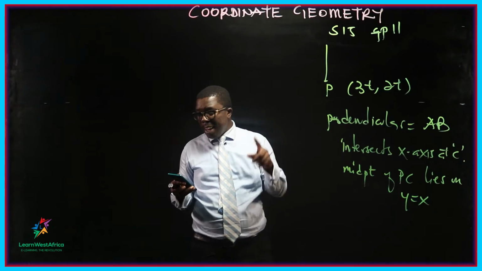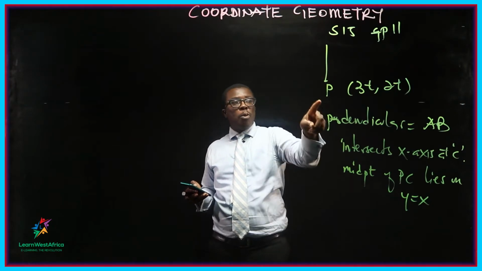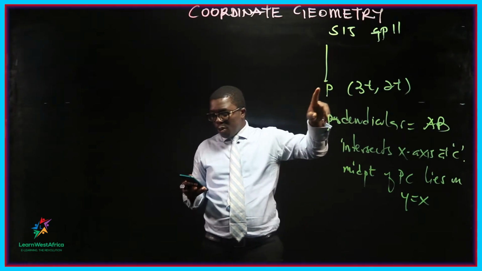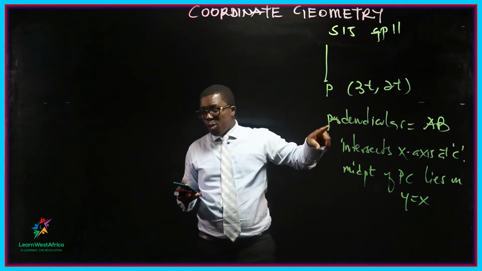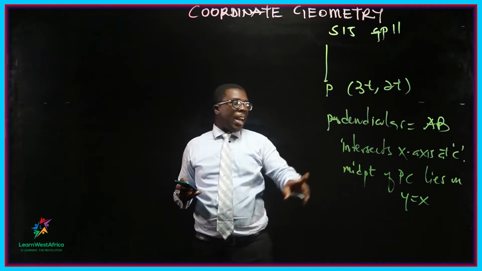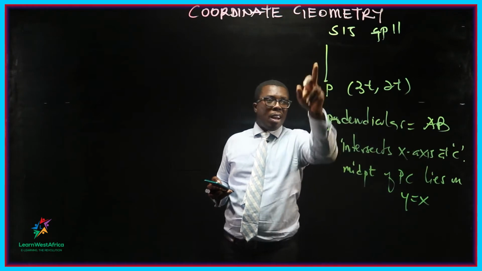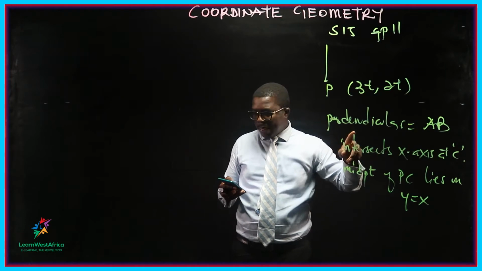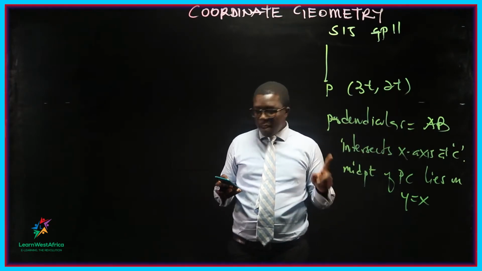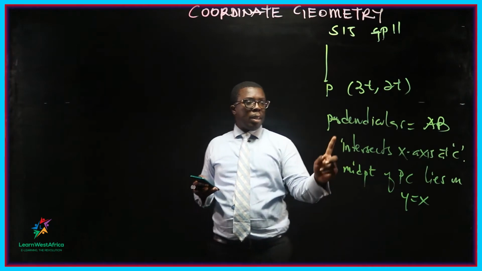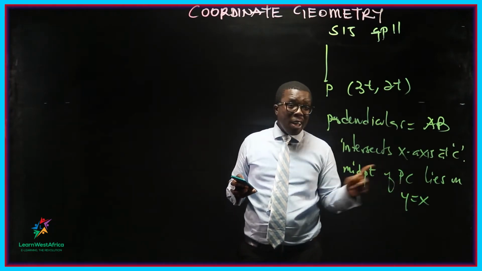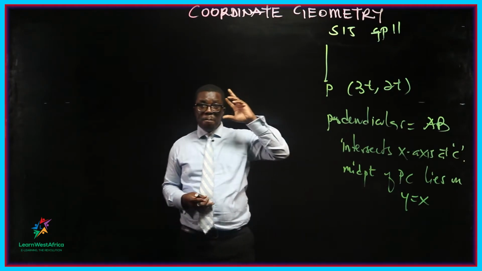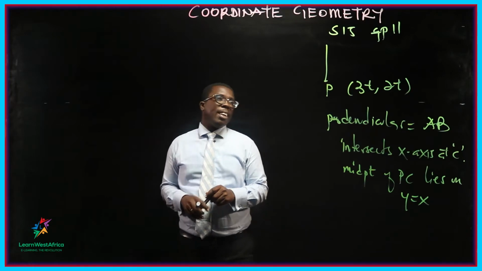We are saying that the line through P, and we know P to be (3t, 2t), which is perpendicular to AB, intersects the x-axis at C. So the line that goes through the point (3t, 2t) and is perpendicular to AB intersects the x-axis at C. The question is that we want to show that the midpoint of PC lies on the line y equal to x. Clear?